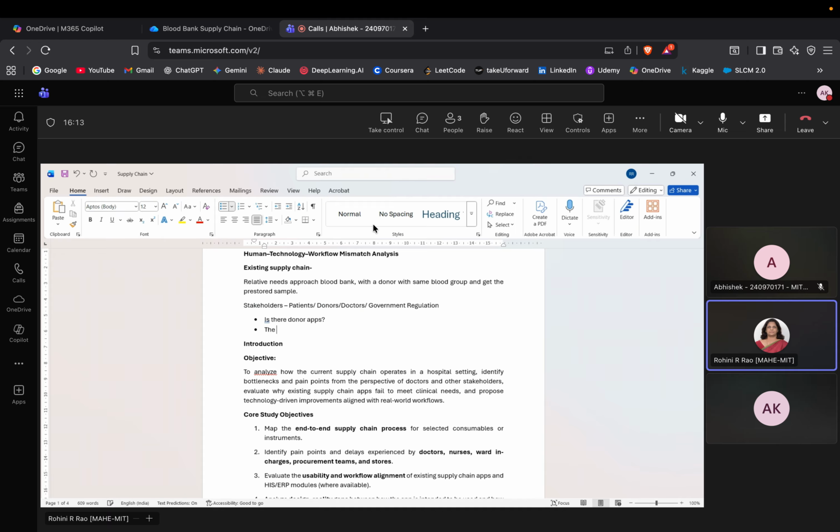The doctor is an anesthetist, so she is in the emergency, and she sends out a requisition, which has to be a manual form, to the blood bank. Then they tell her the availability of that type of blood.